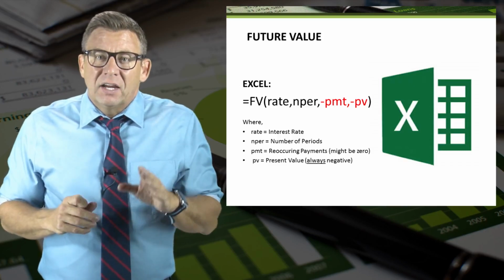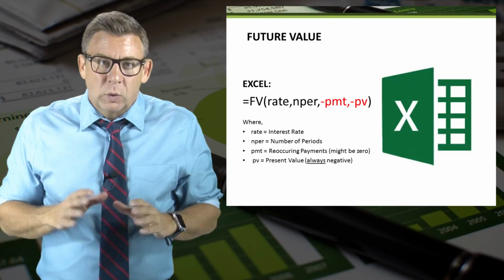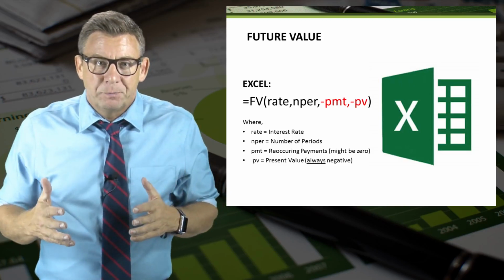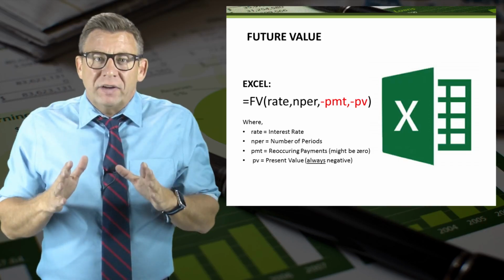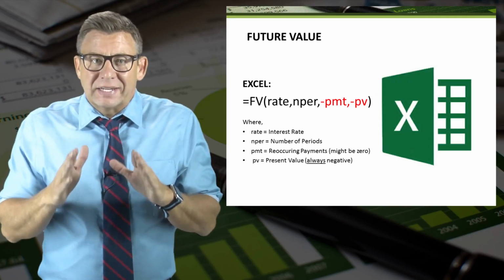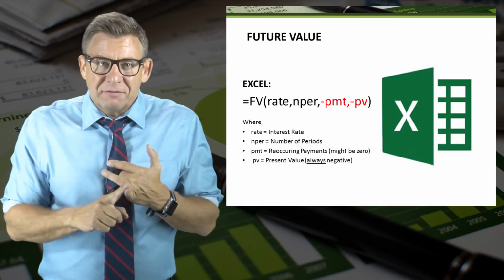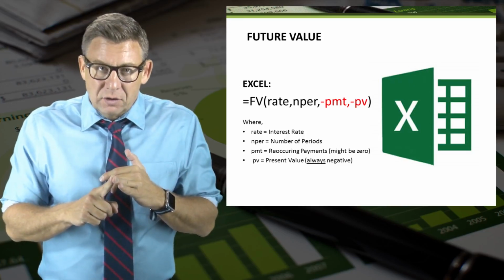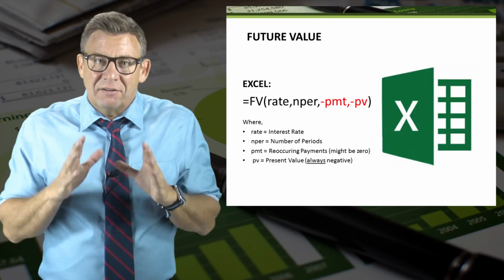And finally, minus PV, which is the present value or the amount of investment today. When solving for future value in Excel, present value or payment is always a negative amount.